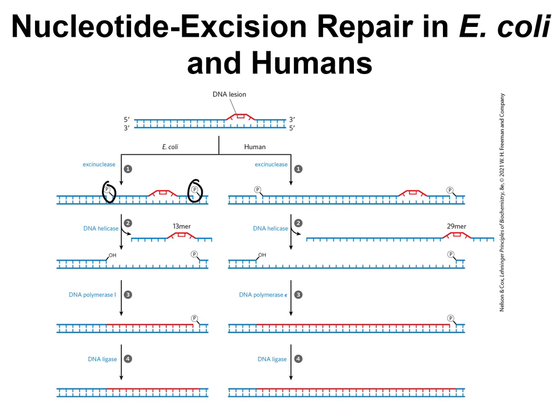In E. coli, this piece that gets liberated is about 13 nucleotides, whereas in eukaryotes and humans, it's like 29 nucleotides. And a helicase is what helps to unwind that DNA and allow for the removal of this oligomer. Then you've got the polymerase coming in and replacing the DNA that we just excised, and the ligase comes in and seals the deal.